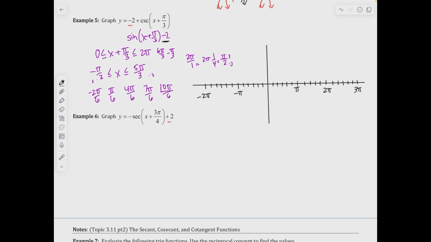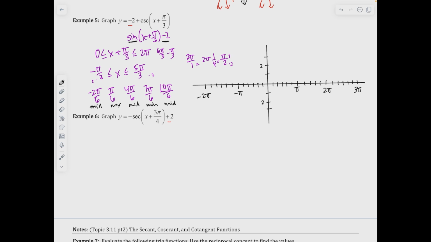Okay, sine. So we're going to go mid, max, mid, minimum, back to mid. Okay, so negative 2 pi over 6, 1, 2, 3.